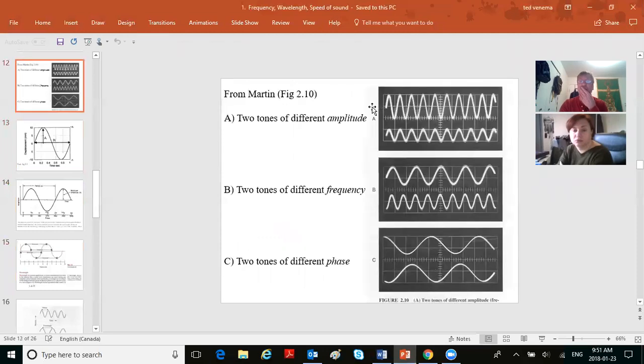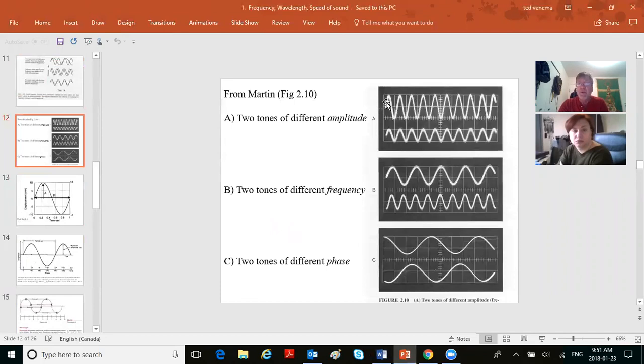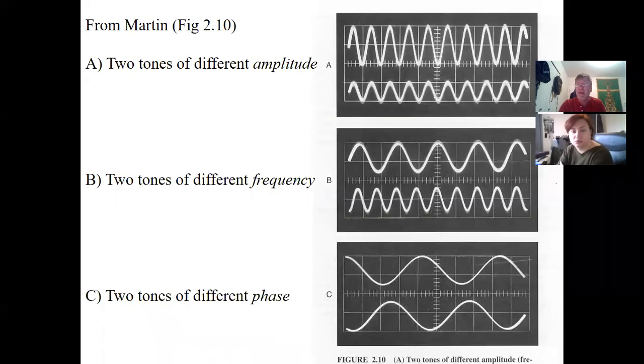Let's see, amplitude, period. Okay, here we go. So what's going to be the period of this? Look at the top sound. I'm going to make it bigger so we can see it. If there are 1, 2, 3, 4, 5, 6, 7, 8, 9.5, let's just round it to 10.